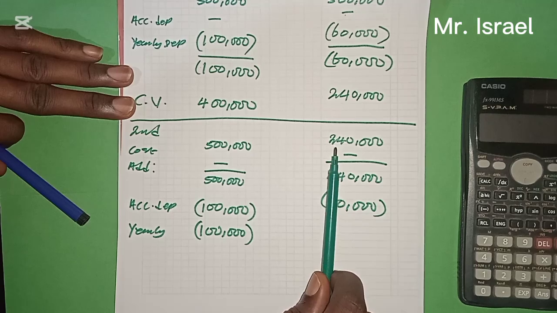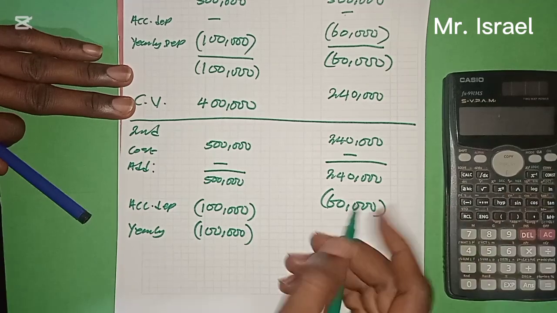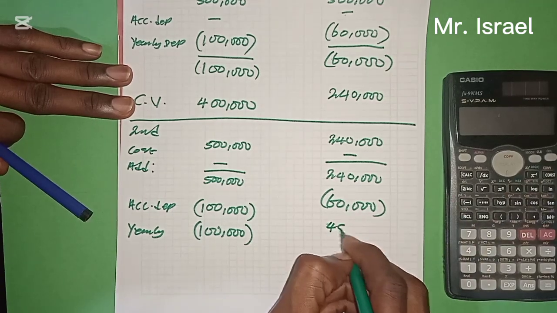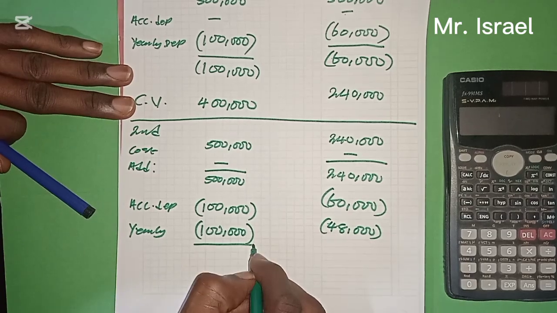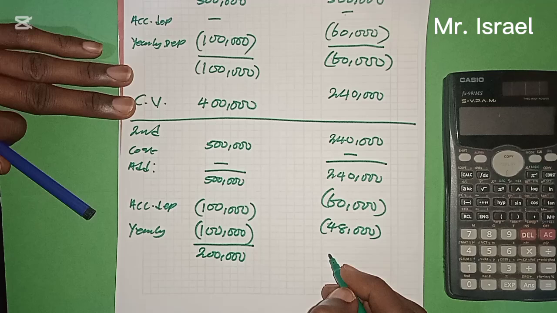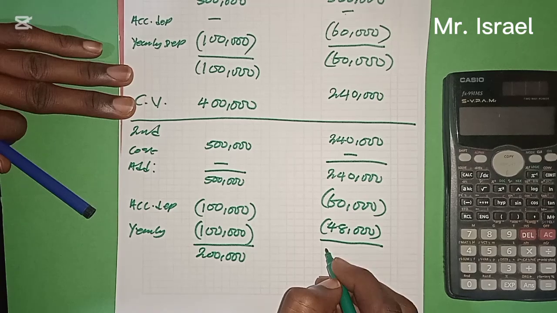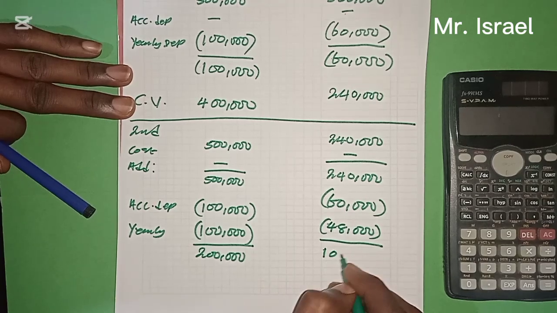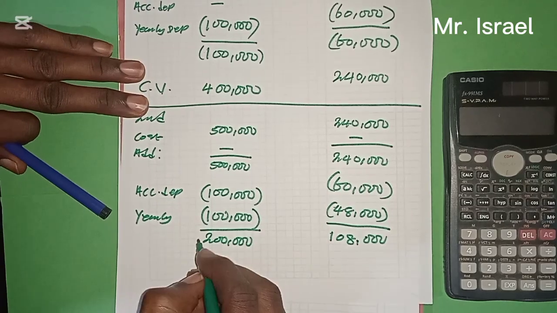So 20% on this will give us, please use your calculator, 48,000. So when you sum these two up, this will give you 200,000. When you sum these two up, 60 plus 48 will give us 108,000. Right? Good.